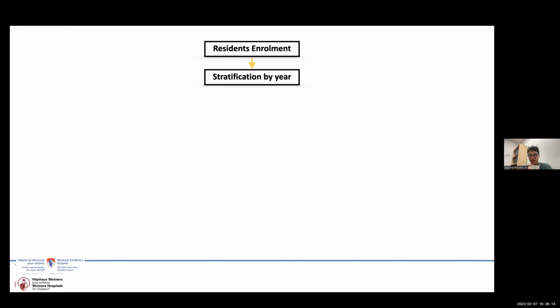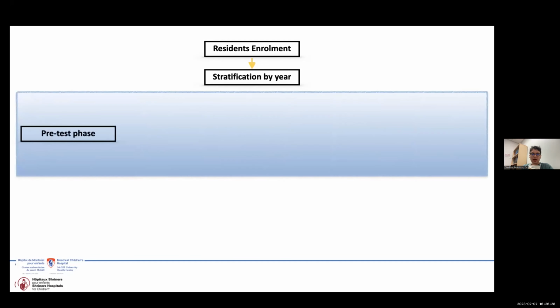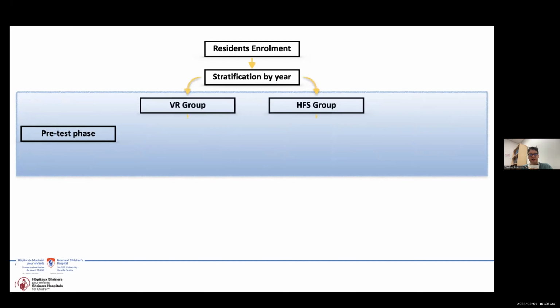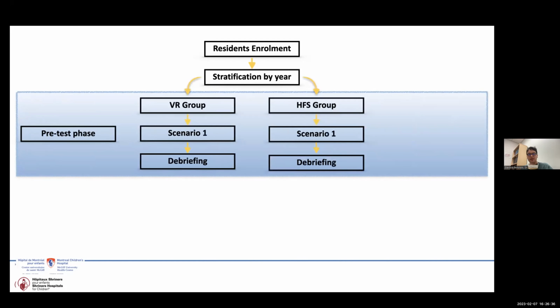The enrollment and the randomization will be done by year in order to have a similar experience with the clinical scenarios and with the simulation. And we're going to have a pre-test phase. In this pre-test phase, we're going to divide the group in two. One will be the VR group, and the other will be the high fidelity simulation group.